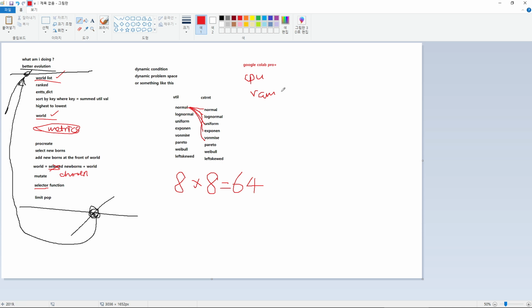So the only thing Colab Pro Plus helped me with was that I was able to keep the Jupyter notebooks running. So that was the only huge plus. However, it cost me something like 110 USD. So I swore to myself never again to do that.